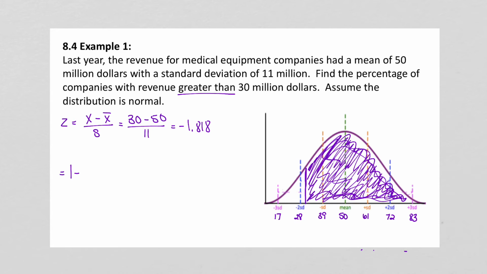So 1 minus norm.s.dist, and then we plug in our z-score, negative 1.818, comma, the word true. And that tells us, as a decimal, the area to the right of that z-score is 0.9656. So as a percent, 96.56% of the companies have a revenue greater than $30 million.